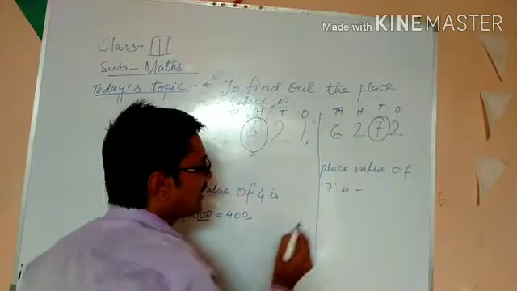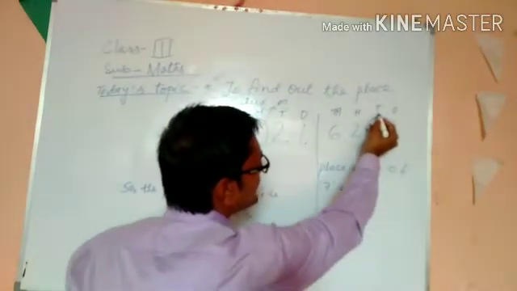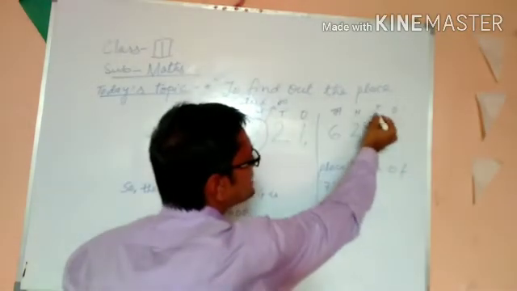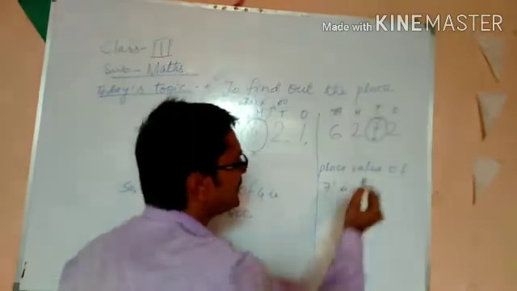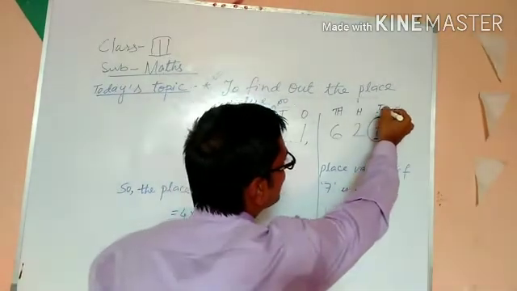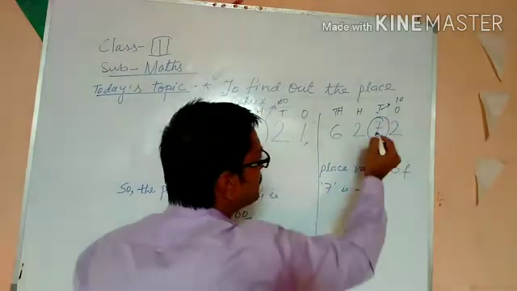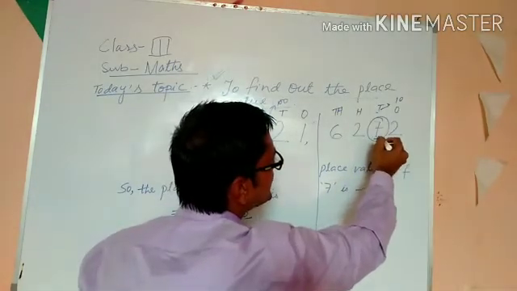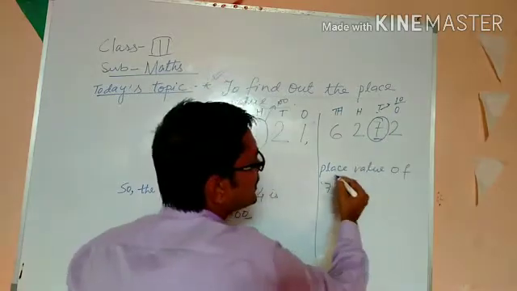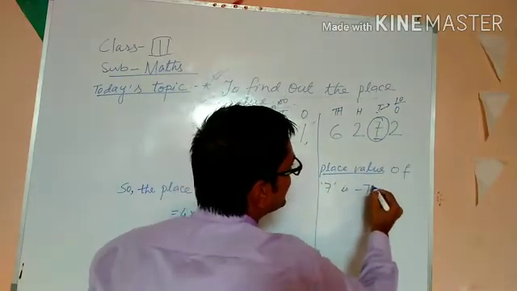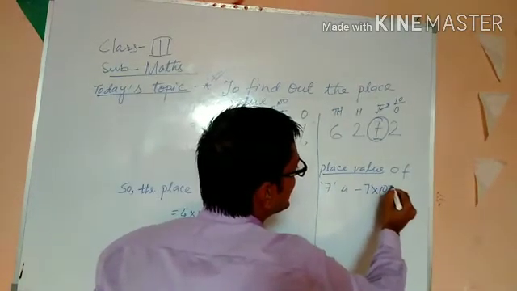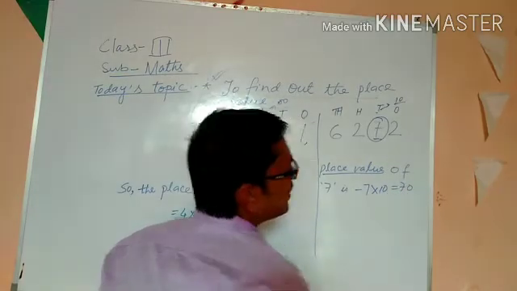Is it clear? So as you can see here, 7 occupies the 10s place, and what is the value of this place? What is the value of this 10s place? It is 10. So if you multiply this digit 7 with its value, you will get the place value. 7 multiply 10 equals 70.